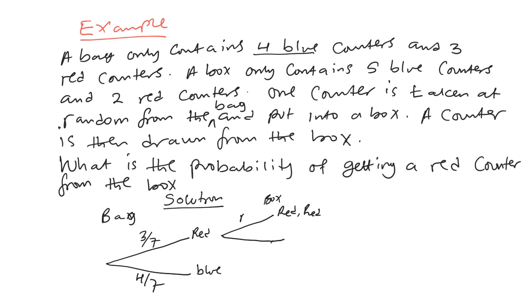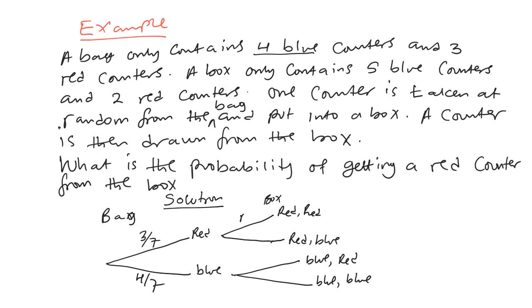Or the first is red and we pick a blue. Or it can be this other situation: we pick a blue and then pick a red. Or we pick a blue and then pick a blue.